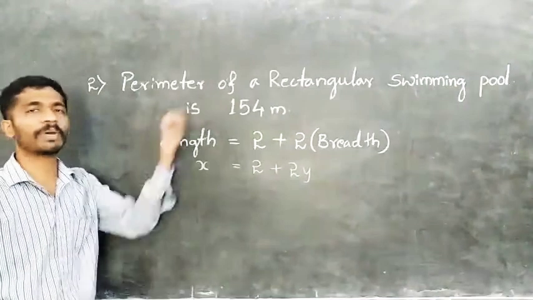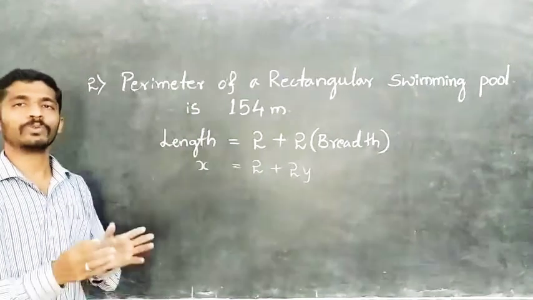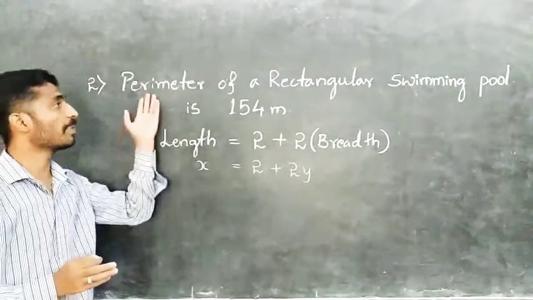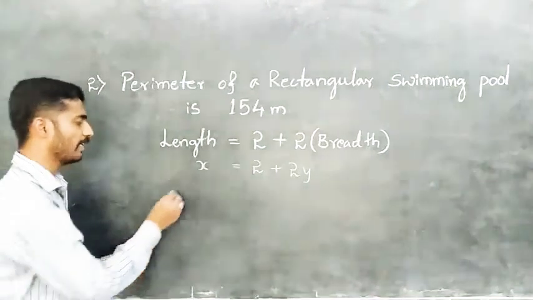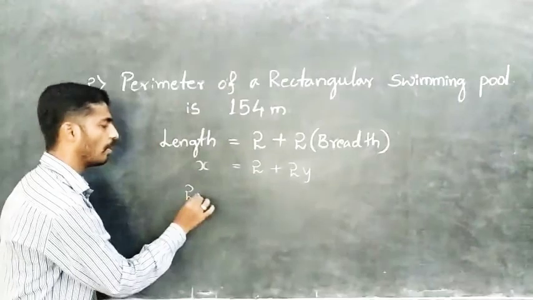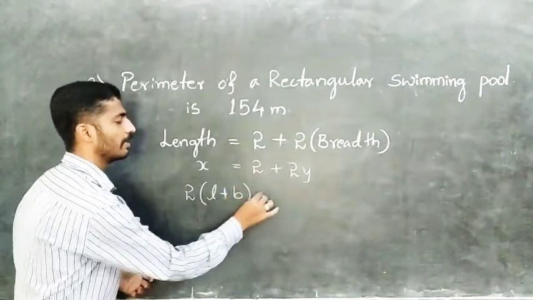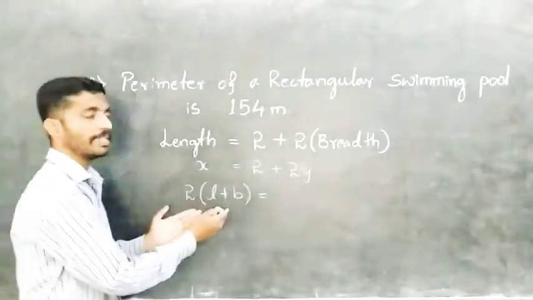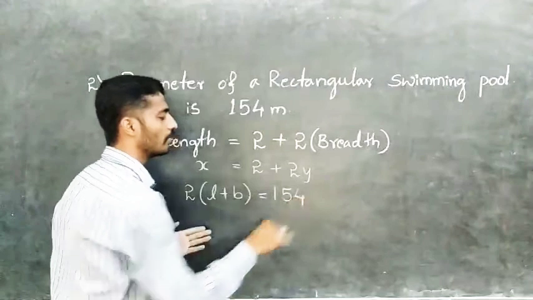But here they gave the perimeter. We have to find the length and breadth. What do we have to do? We have one formula, the perimeter of a rectangle. What is that formula? Perimeter of rectangle is 2 of L plus B equal to the perimeter. How much is that perimeter? 154.